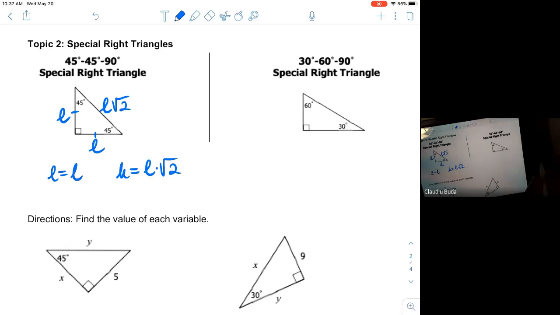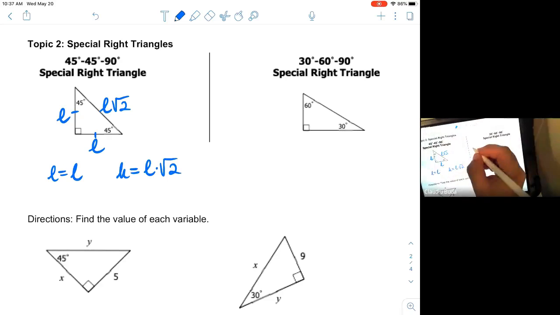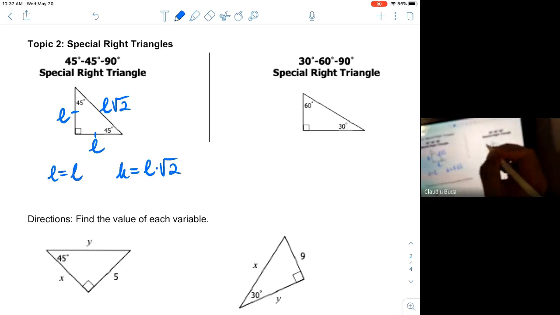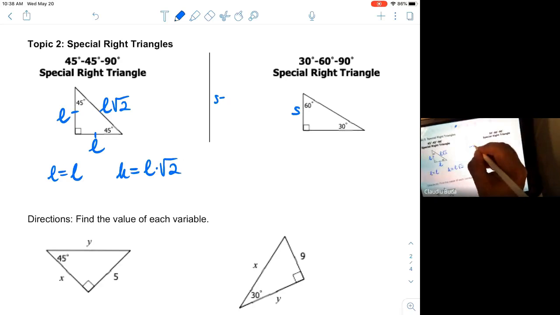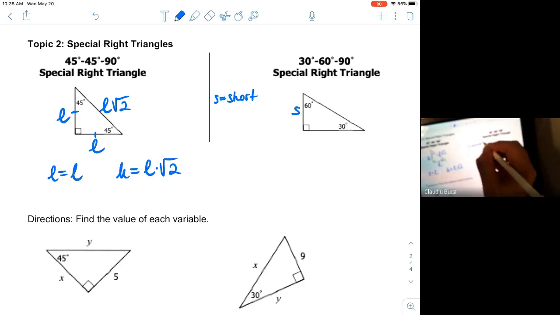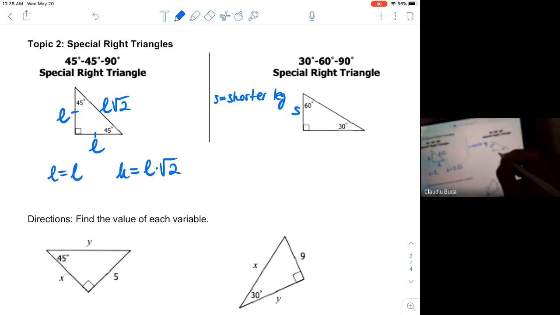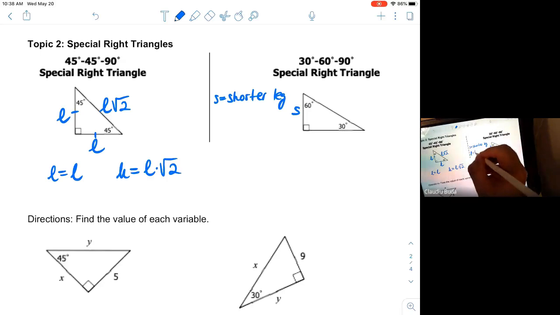In a 30-60-90 degree triangle, a special right triangle, we know that S is the shorter leg. And we can call the other one L, the longer leg.